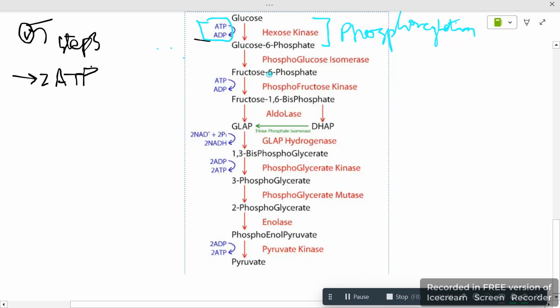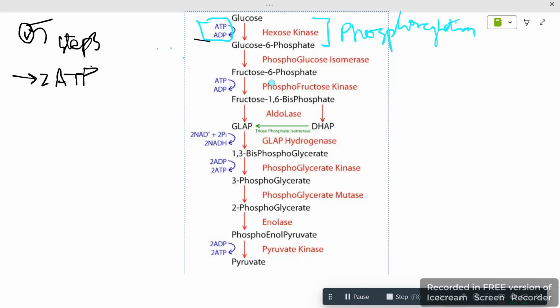So let's start with the second step. From glucose 6 phosphate, it will form fructose 6 phosphate. There's a difference between glucose and fructose. The enzyme used here is known as phosphoglucose isomerase, which converts glucose 6 phosphate into fructose 6 phosphate.